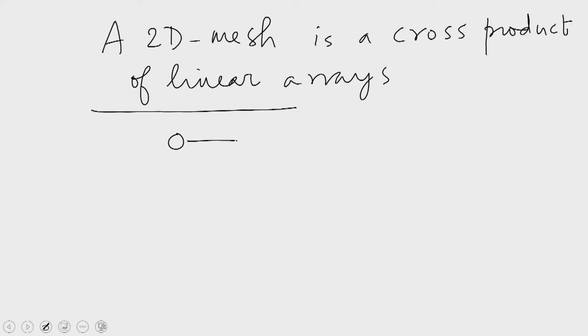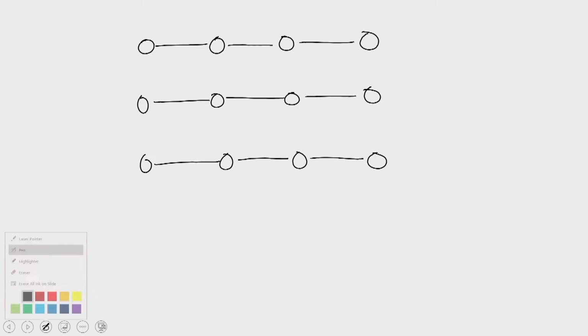Let us say we are given two linear arrays, one with 4 nodes and one with 3 nodes. What if we take the cross product of these? To take the cross product of these, we need to take 3 copies of the first graph G1, G1 is a 4 node linear array in this case, and then we have to connect the corresponding vertices.